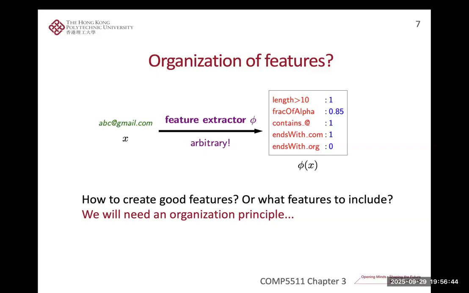We can train a linear model to identify if a string is an email address or not. All right, but we need an organized way to design features. Usually, what features can we include? So we need an organization principle.